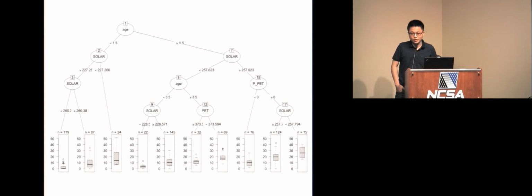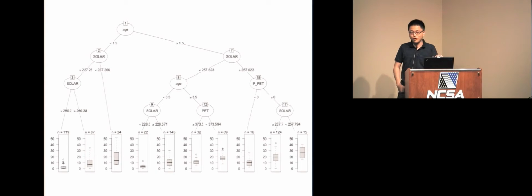This is the tree we generated from the miscanthus data. You can see it is a regression tree, and it makes sense because the first node, which is the most important node, is the age. So we can see that age is the most important thing, and then we split step by step, and we know which factor is important, and we can see that fertilizer is not in this tree.